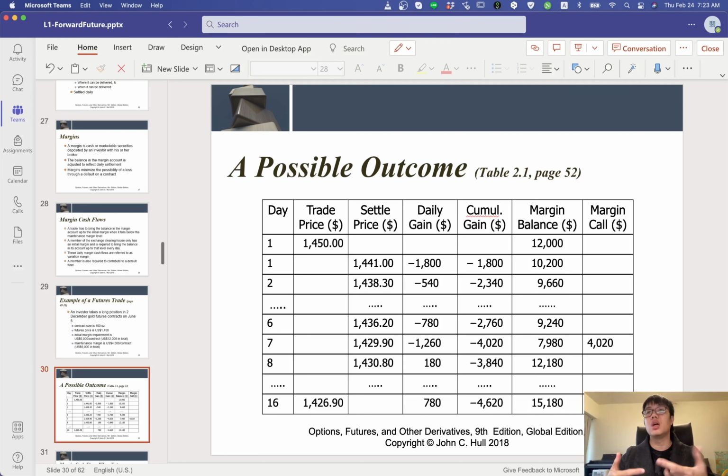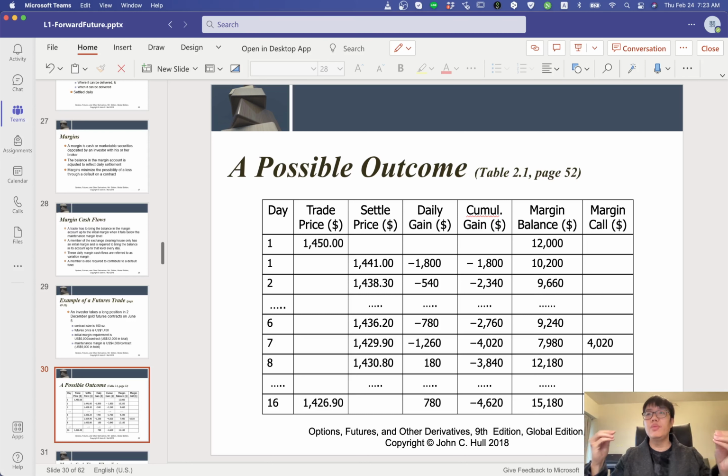People call this a margin account daily settlement, or a profit and loss daily settlement. The idea is that the daily profit and loss will be reflected in the margin balance account, and you can see the outcome every day, and it can mitigate the default risk of either side of the contract.